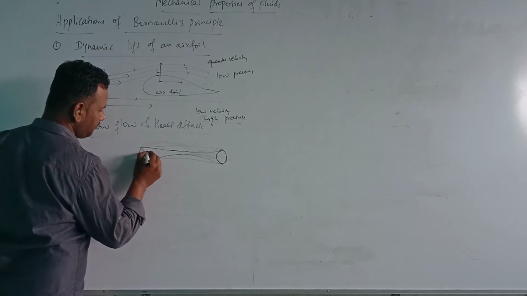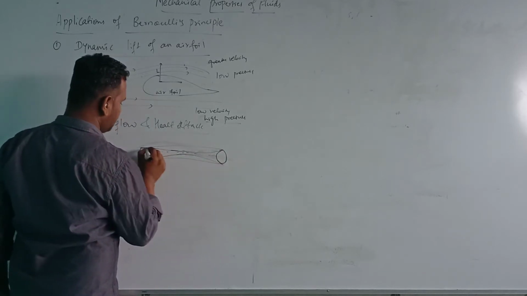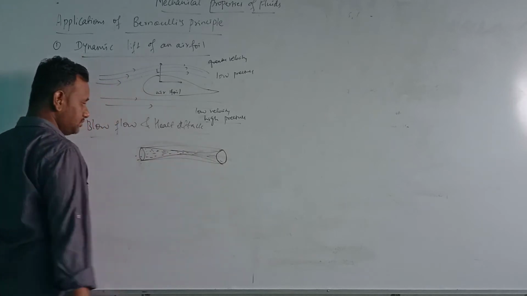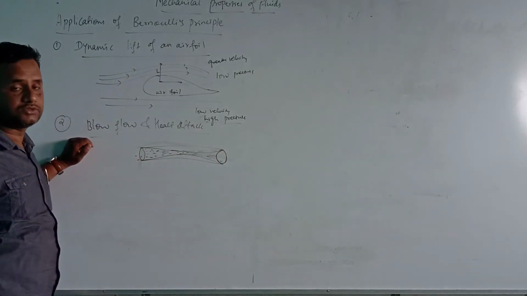Normally the blood flows through the arteries. Now, how does a heart attack happen?